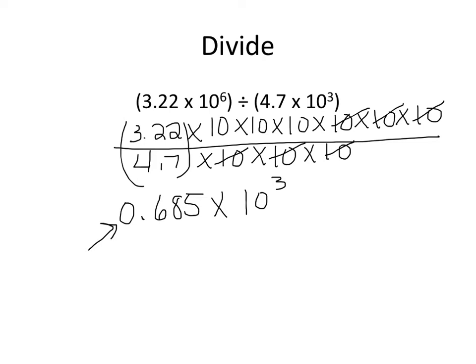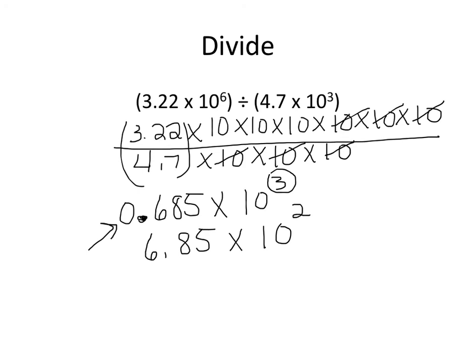But right now, as it is, if I were to finish this problem, I'd have to move the decimal 3 places to the right, which would put it after the 5. So if I make that decimal part bigger than 1, I've already moved one of those 3 spots, and so I only have to go 2 more. So now we're in scientific notation.